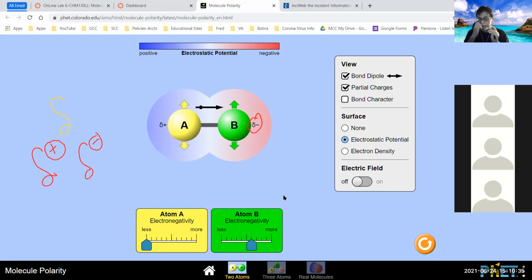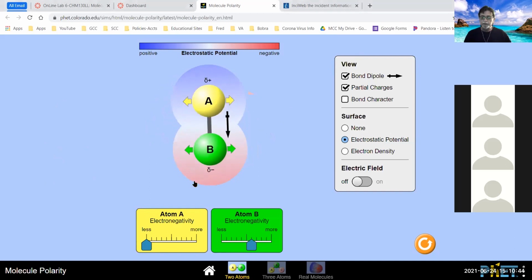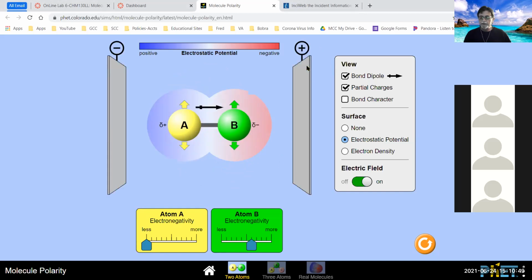The result is, let me clear it a little bit, by creating this partial positive side, I can rotate this. I can put an electric field, and here's a plate. You remember how the electrons were found by putting a magnet, or J.J. Thomson's work using a battery or a magnet or a charge plate.